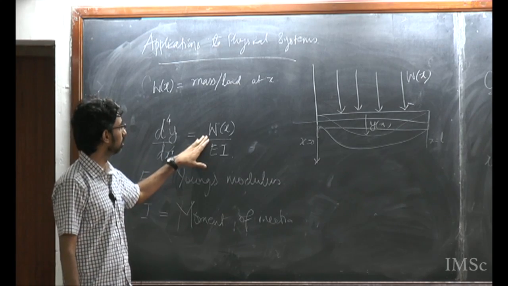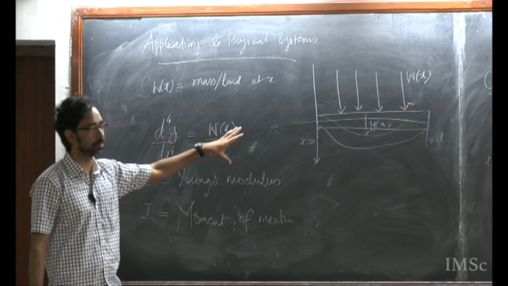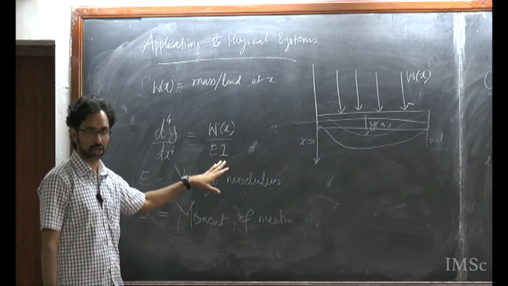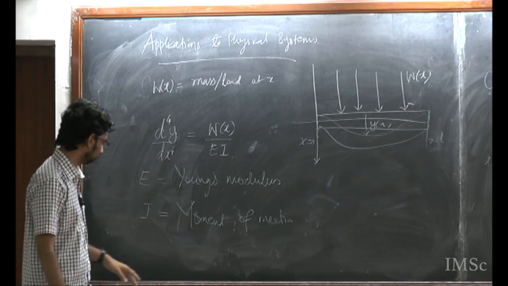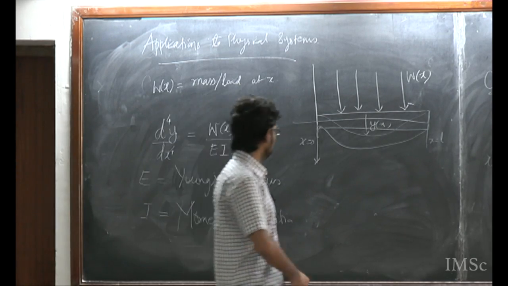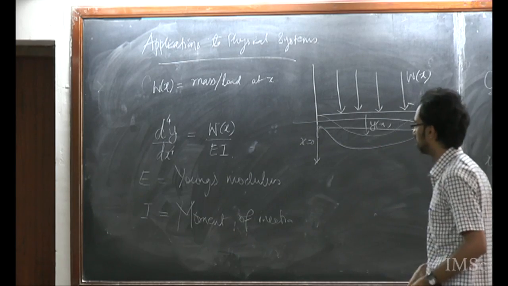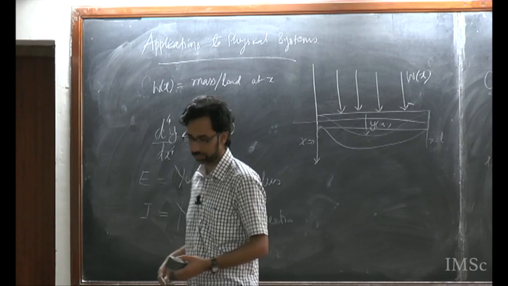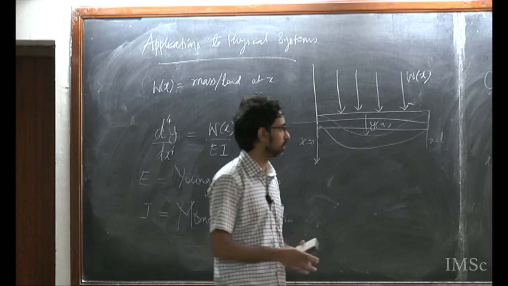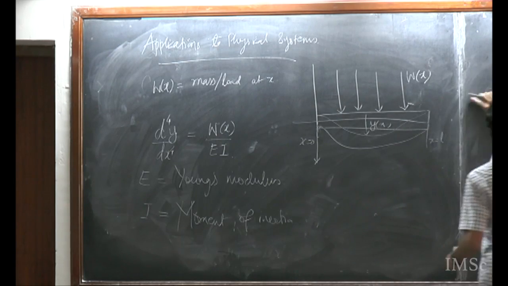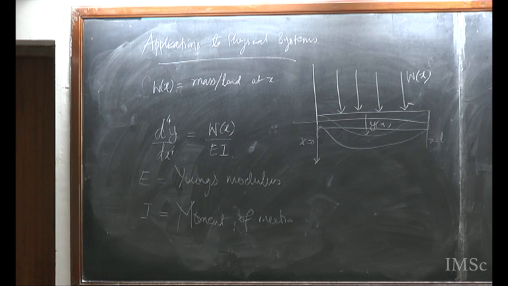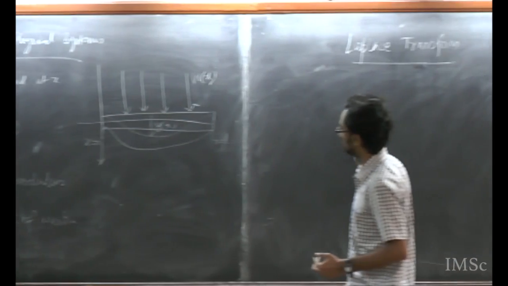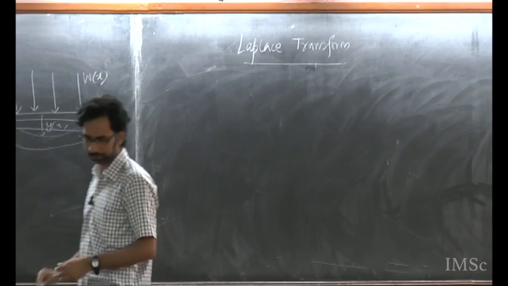Only we'll allow W to depend on x, but E and I are constants. So now this is a fourth order equation. So usually we would require the conditions on y double prime, y triple prime also. Okay. So let me give one example.